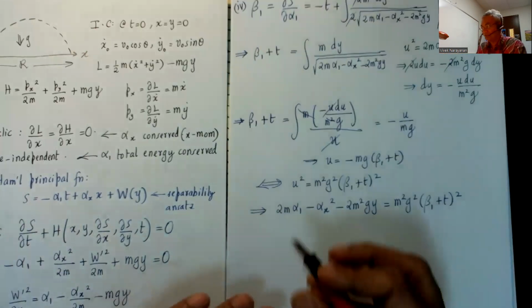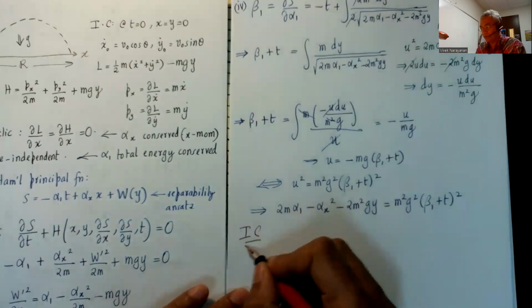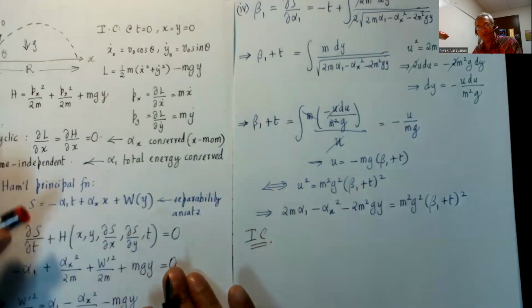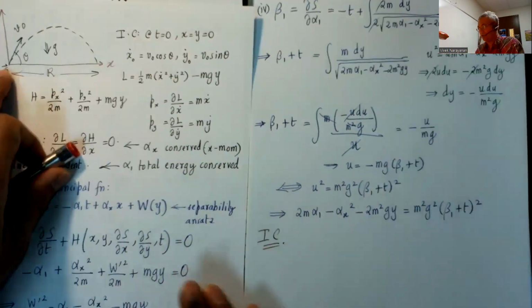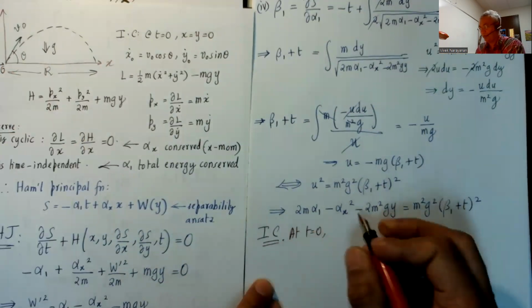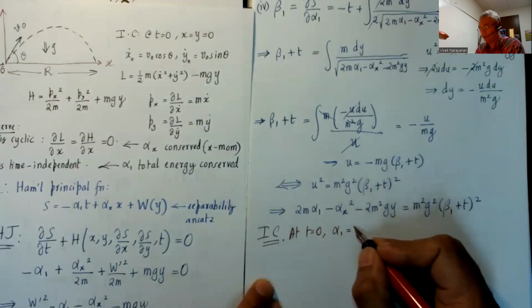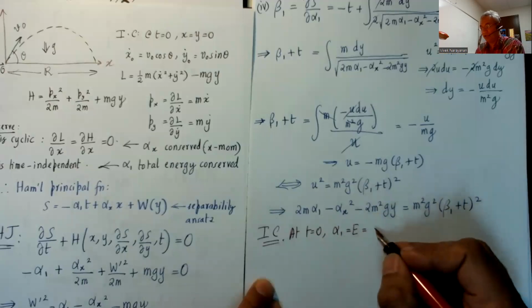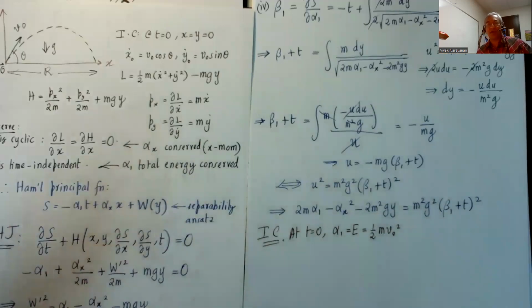So initial conditions. Remember, at t equal to 0, the projectile was at the origin. So at t equal to 0, what was the value of alpha 1 though? Alpha 1 was the energy. And that energy at the origin was entirely kinetic because it's not lifted off the ground yet. So there's no potential energy.